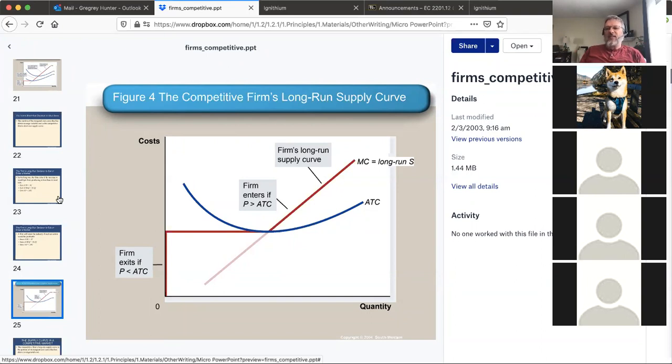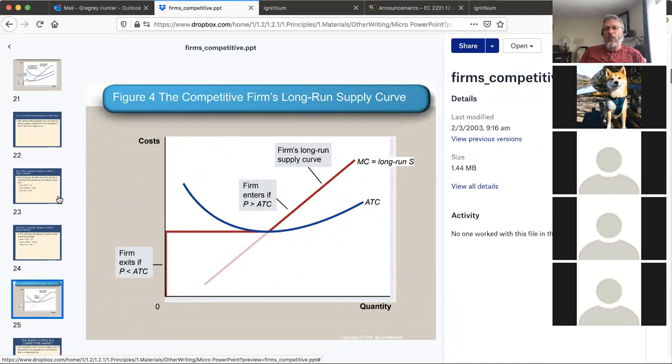Technically speaking, I'll tell you that the definition of the short run has nothing to do explicitly with an amount of time. It's not like 1 month, 2 months, 6 months. And that's one of the things that confuses students. I sometimes ask students in lecture, how long is the short run? And they say, oh, 3 weeks or 3 months or something like that. And it's not true.